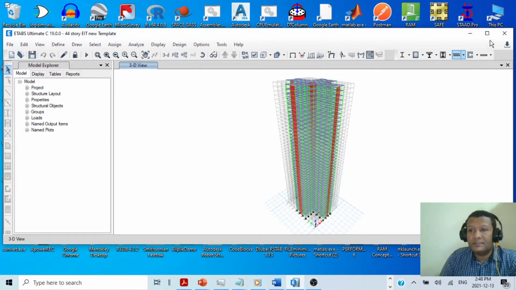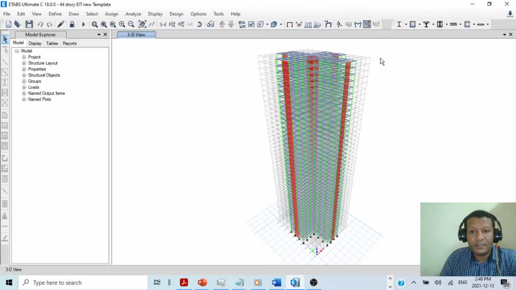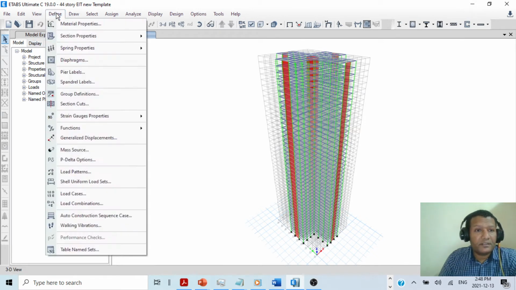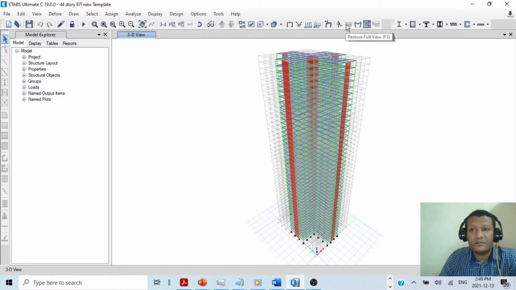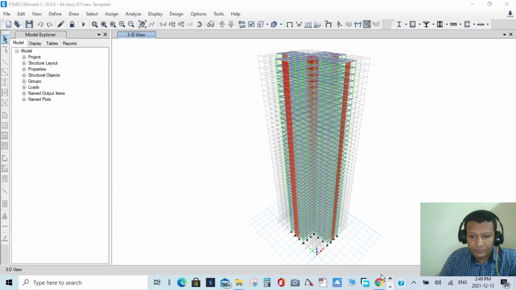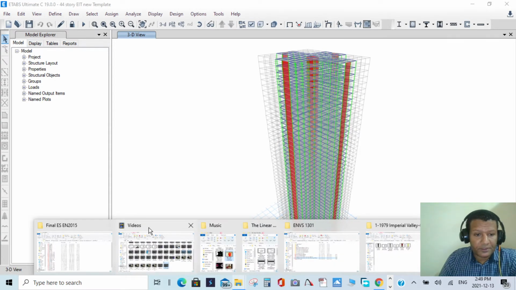This is the model for linear time history analysis, and I will explain what it means and the procedure in a minute, and what I did. The modeling part will come in a minute.